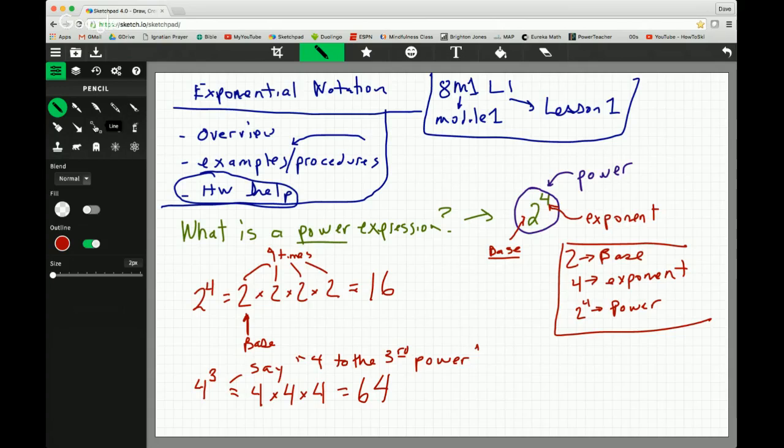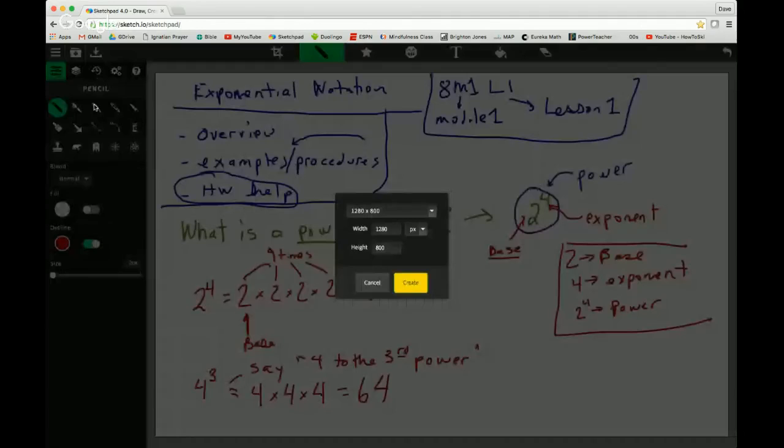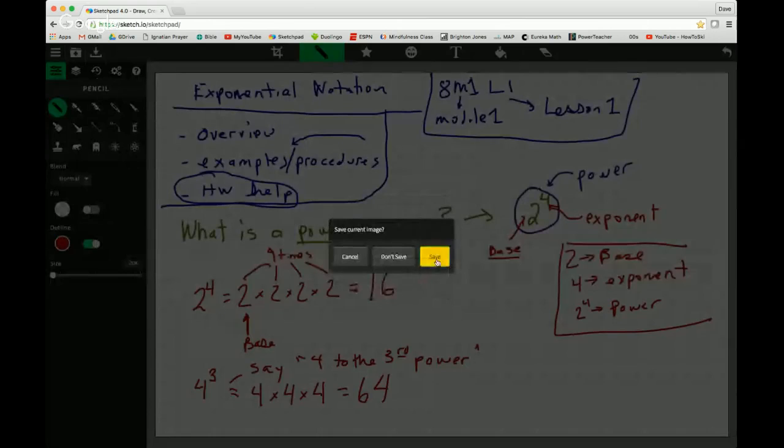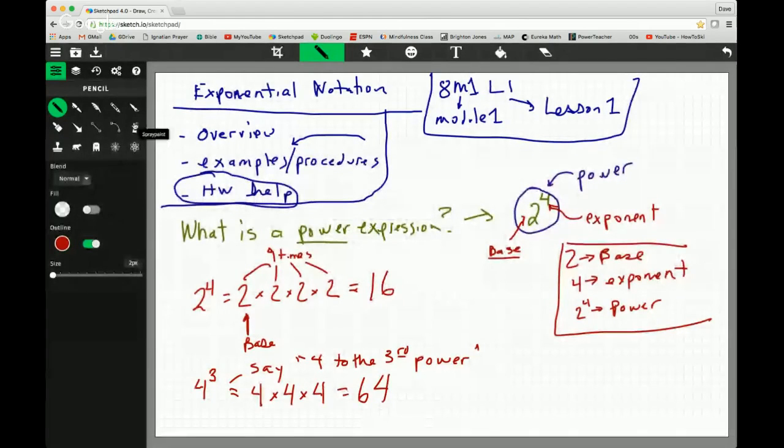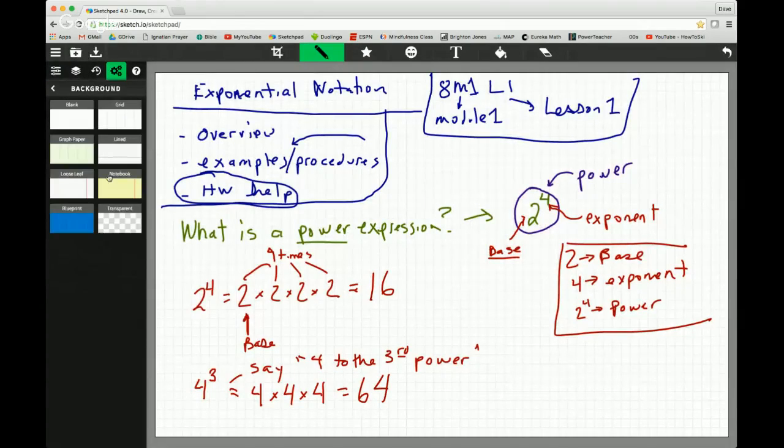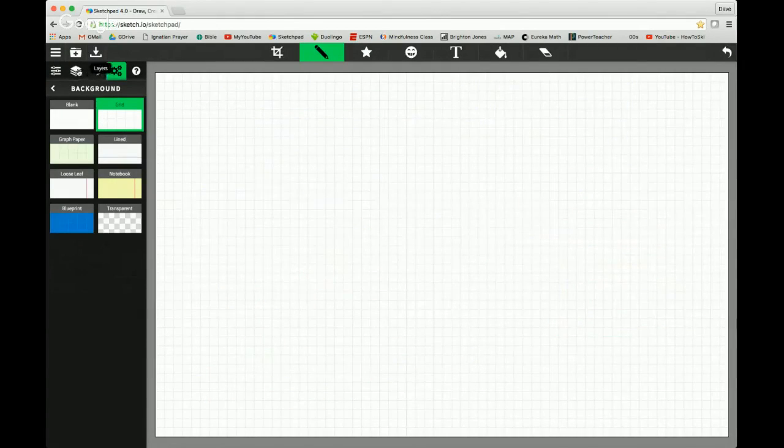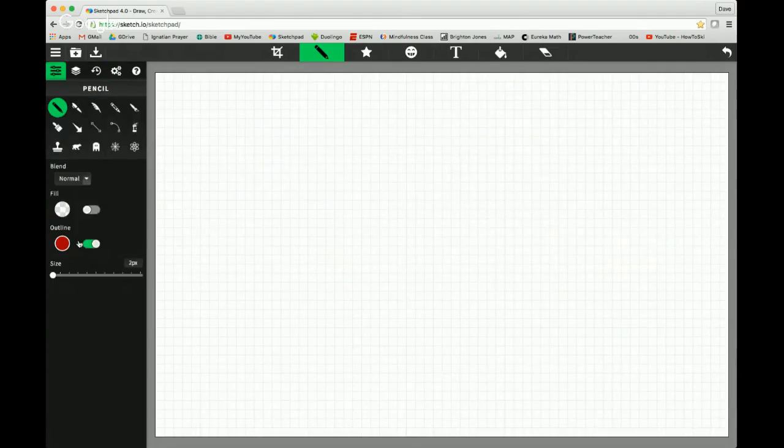Okay, so let's do one more time. Let's just do a couple more examples. We could say 3 to the 5th power.